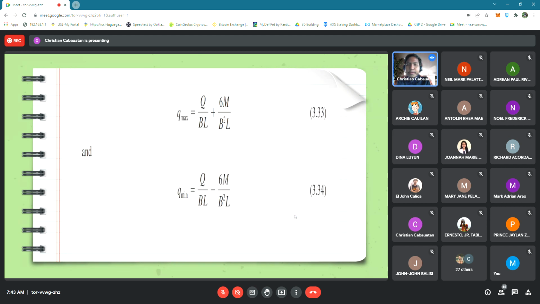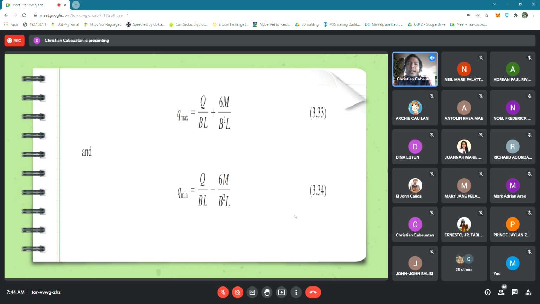These are the equations that we will be using later on. For q maximum, it is equal to the vertical load divided by the width times the length of our foundation, or the area, plus 6 times the moment applied on the foundation, divided by B squared times the length.